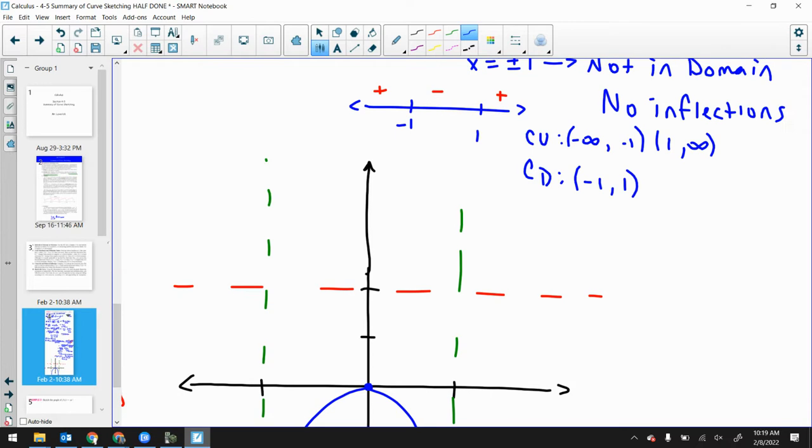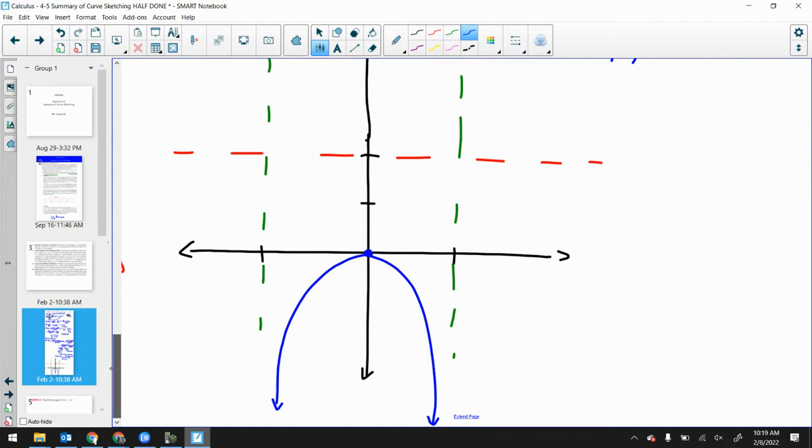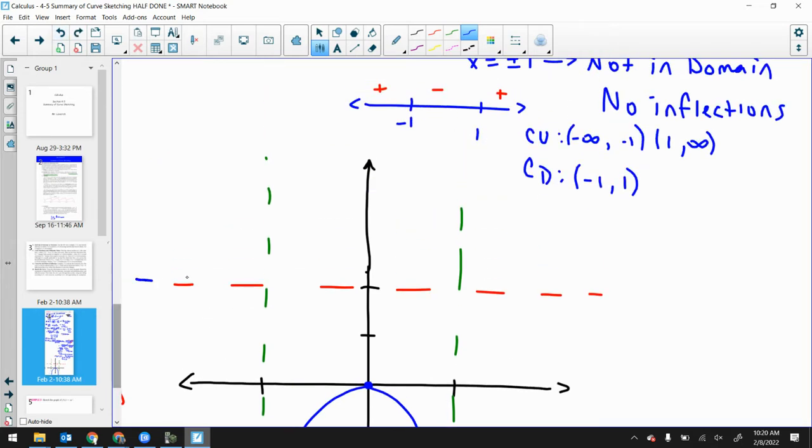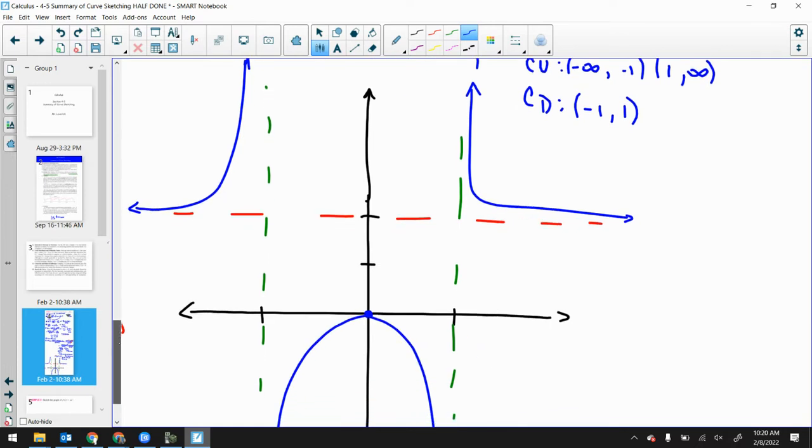So there are really two options on the left side of -1. It could look like this. But is that increasing? No, that's decreasing, so it can't look like this. The other option would be like that. Is that increasing? Yes. Whatever it looks like on the left side, it's got to look like on the right side. So there, and there's our graph. Should have made it smaller.